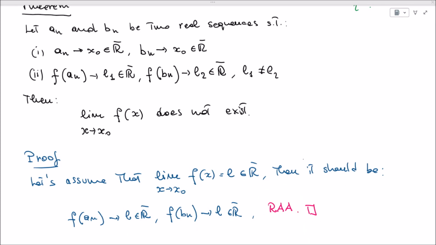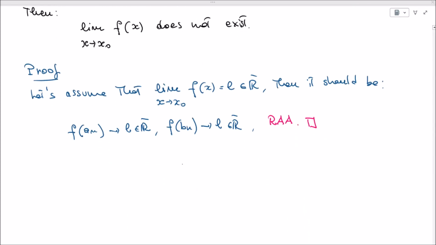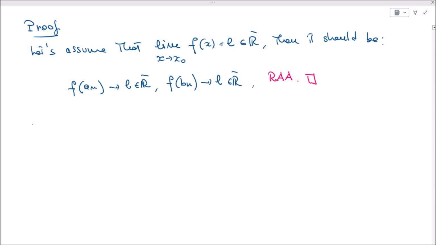As an application of this theorem, let's prove that the limit of sine of x as x goes to plus infinity does not exist.